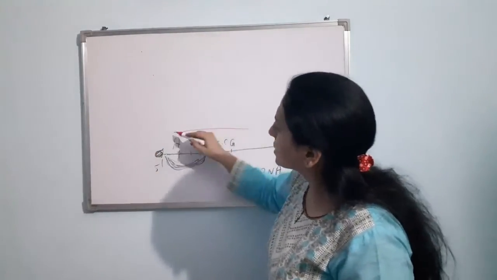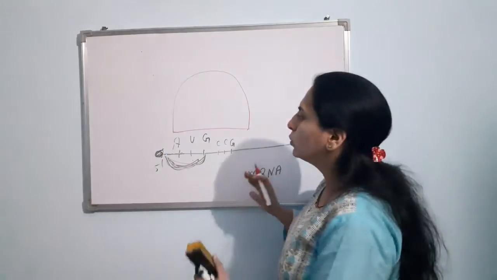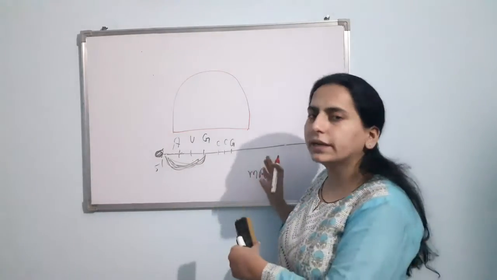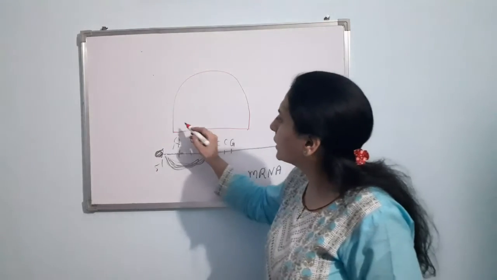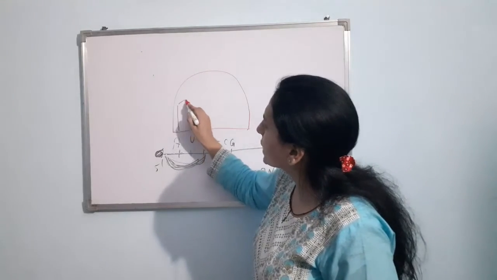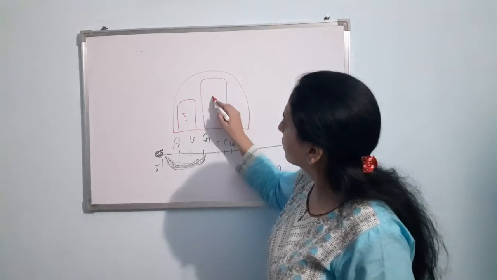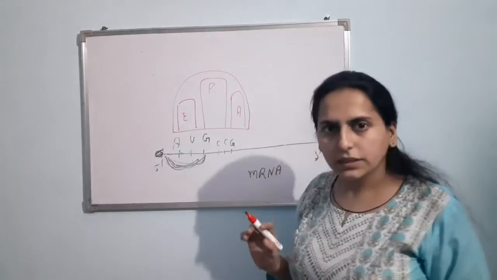This is the larger subunit. Now it has moved. When it moves, obviously the mRNA will move with it because it is attached to the mRNA. But still, let me make it here. The E site is there, P and A. Is it fine?